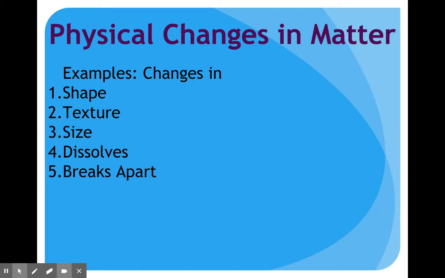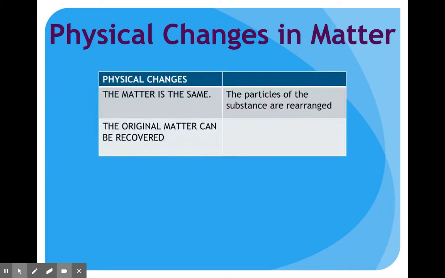Physical changes might occur affecting the shape, texture, size, or the physical nature of a substance, like whether or not it has dissolved in liquid to create a solution, or whether or not it has broken apart into smaller pieces. All of those are examples of physical change that can affect these different properties.